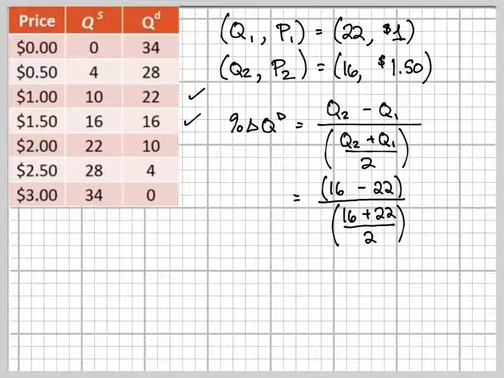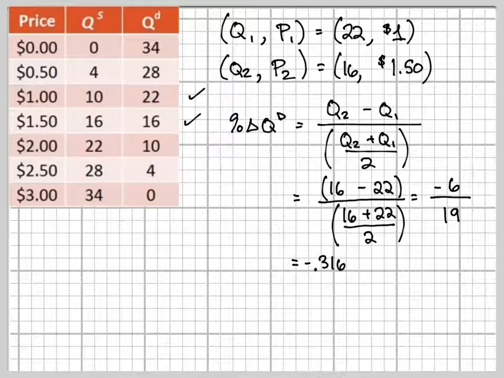So that equals -6 over, that is 38 divided by 2, 19. Now this is not something you can do in your head, so 6 divided by 19 is 0.316, negative 0.316.